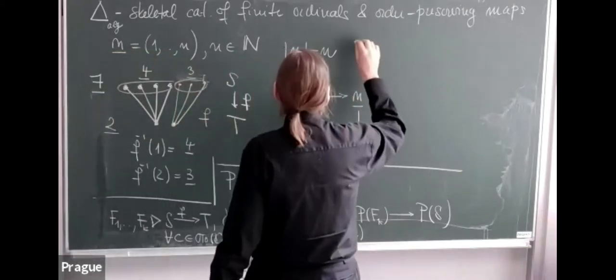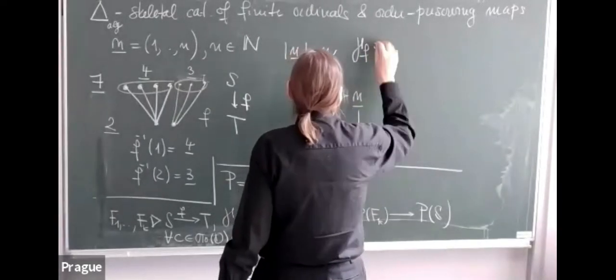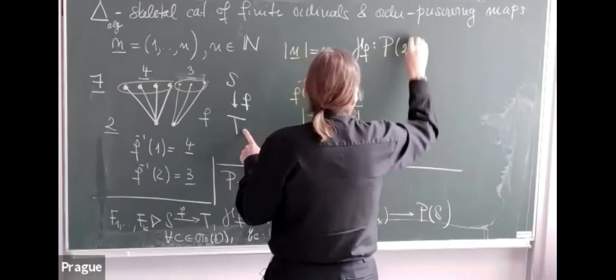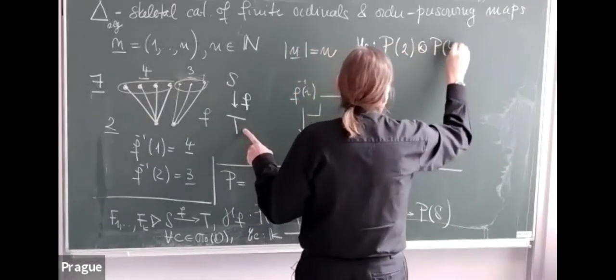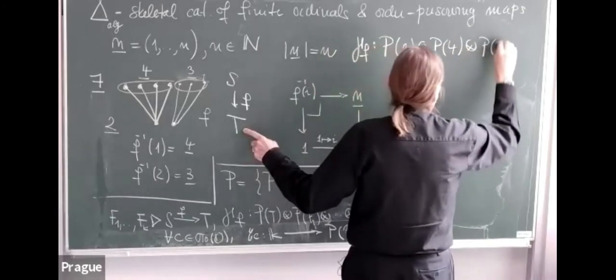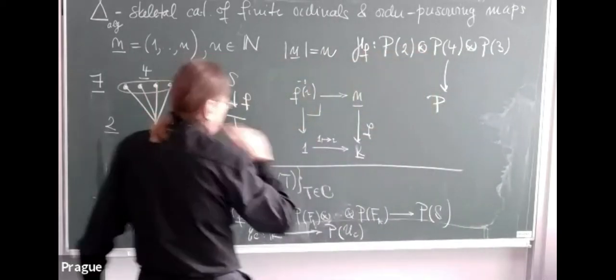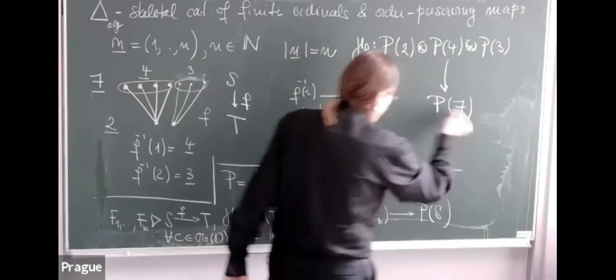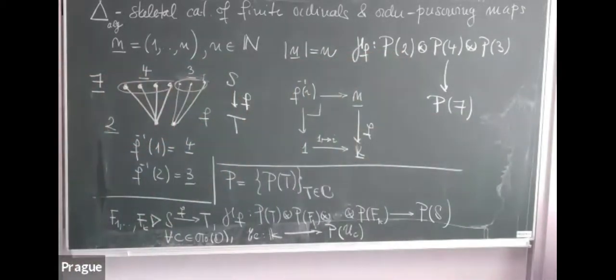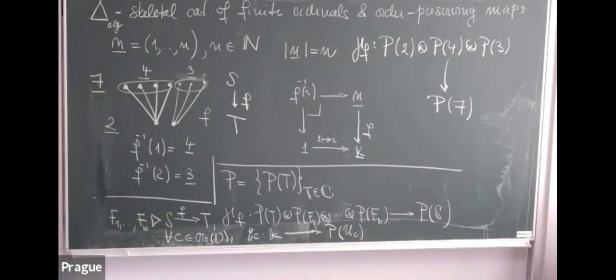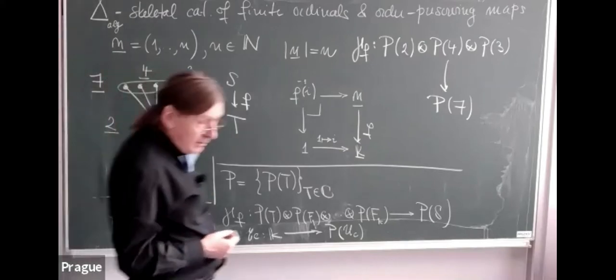So the structure operation gamma F should go from P2 times P4 times P3 into P7. So it has the shape of a May operation in an operad. And indeed, it turns out that operads for delta are non-symmetric operads in the sense of May.